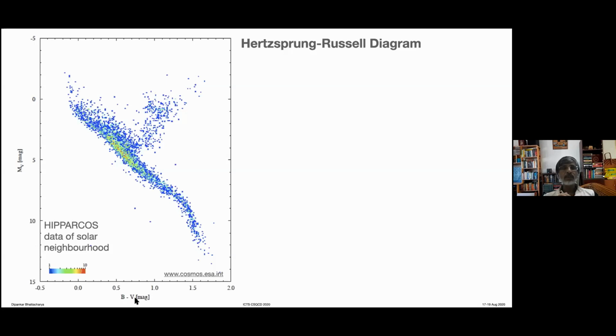So, for example, the Earth goes around the sun once a year, and as we go around the sun, the distant objects tend to move in our field of view slightly.